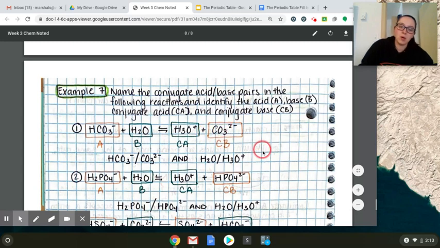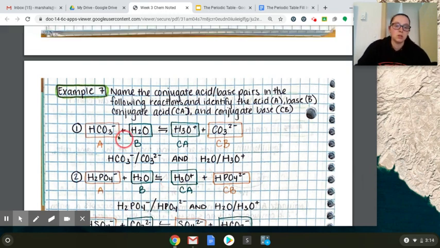When I'm going through problems like these, I like to make sure that I know what pairs with what. So if I look here, we can kind of already tell since I have the answers, but I'm looking at what in my products is going to match this to the fullest. This HCO3 has to have a carbon, 3 oxygens, maybe a minus charge, maybe not. Okay, so I'm going to go to my first product, which is H3O+.